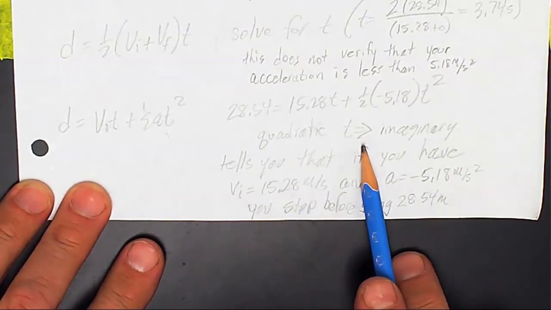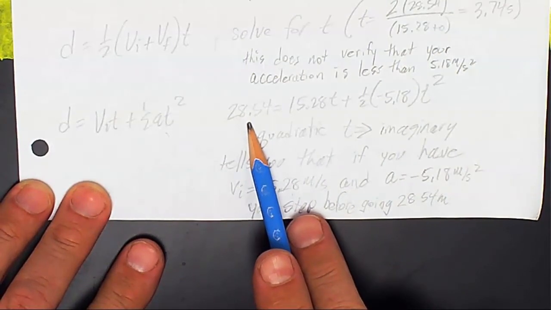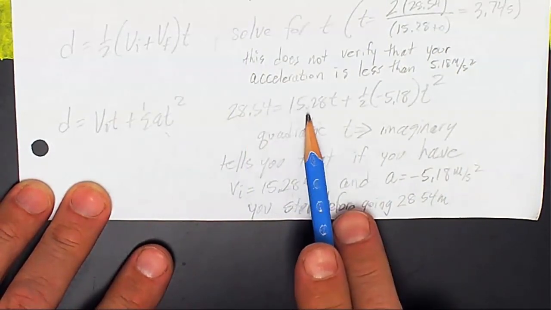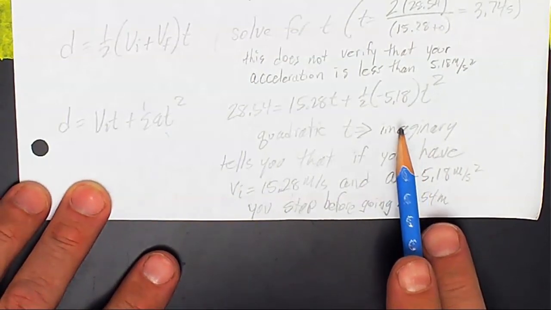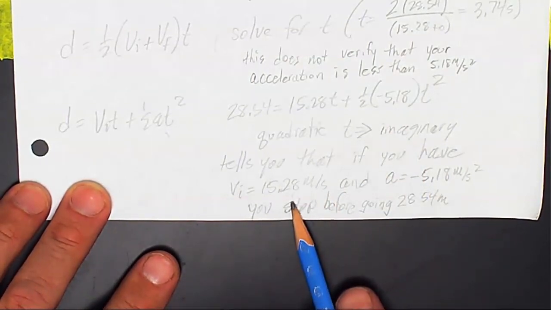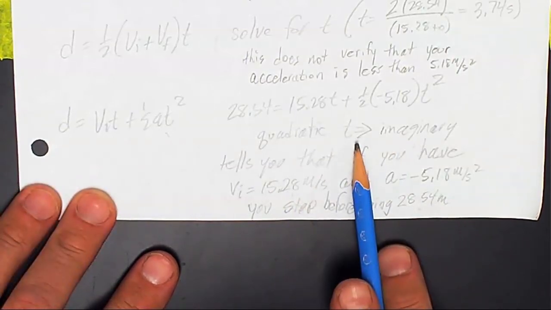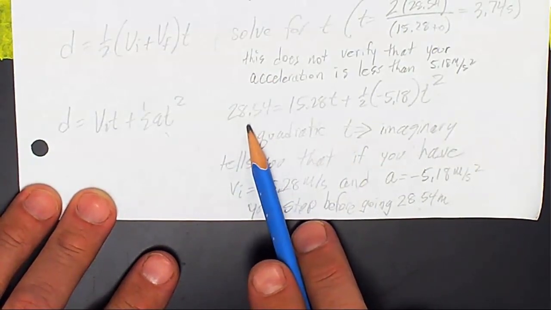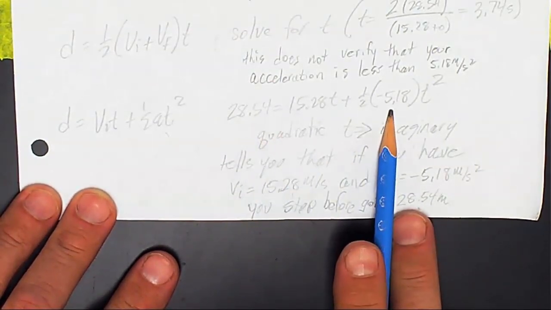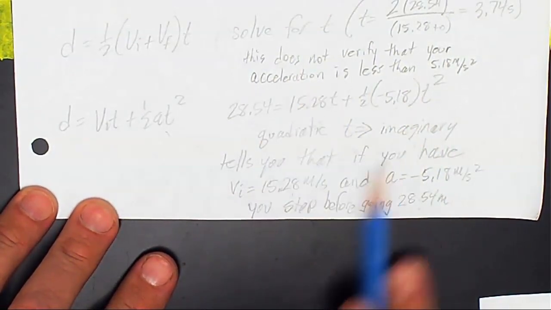What that's telling me is that this acceleration and this distance is not a possible combination when I'm going at this speed initially. What this imaginary number is telling me is that yes, I do stop before going this distance, okay? But what it doesn't tell me is how much time it will take to stop, which in this case, it doesn't really matter. As long as I stop before this distance with this acceleration, then I know I'm good to go. But you have to understand what the imaginary answer is telling you.